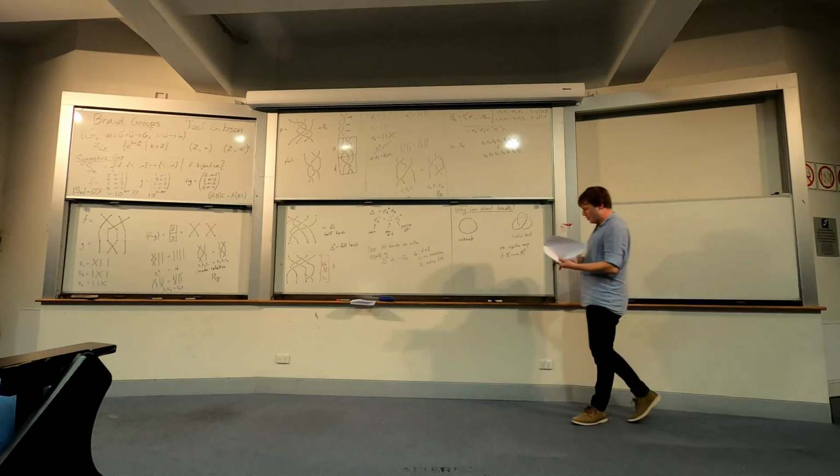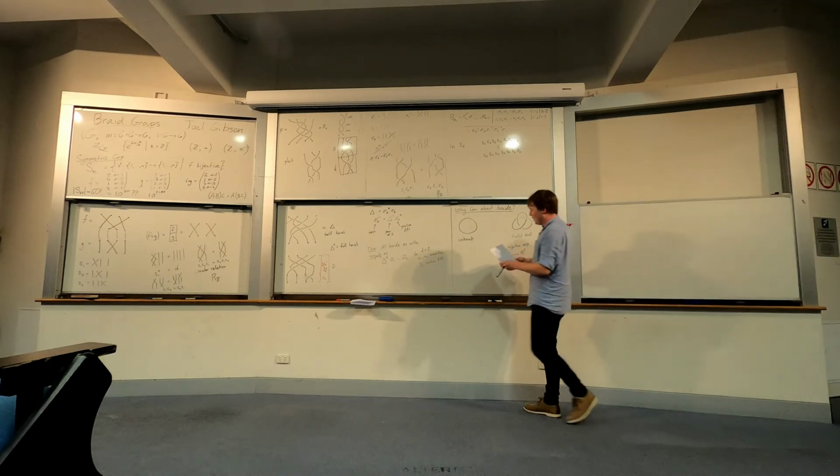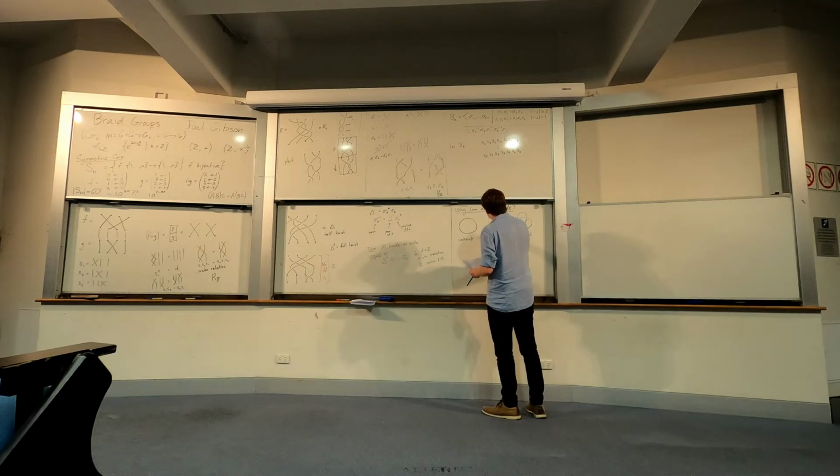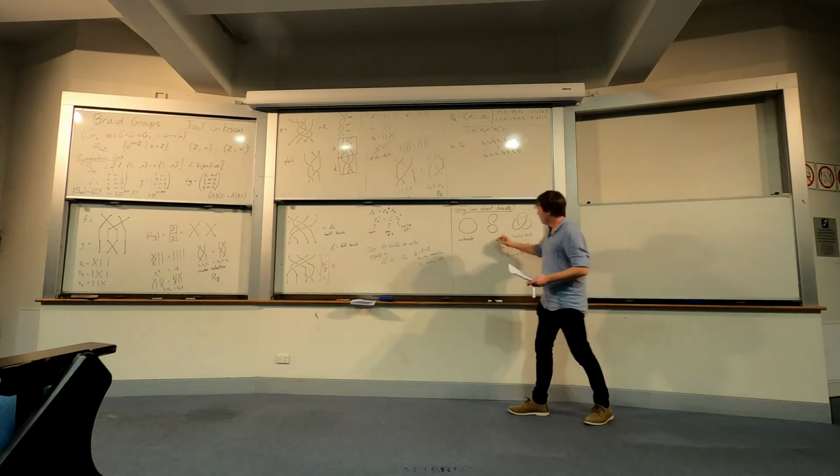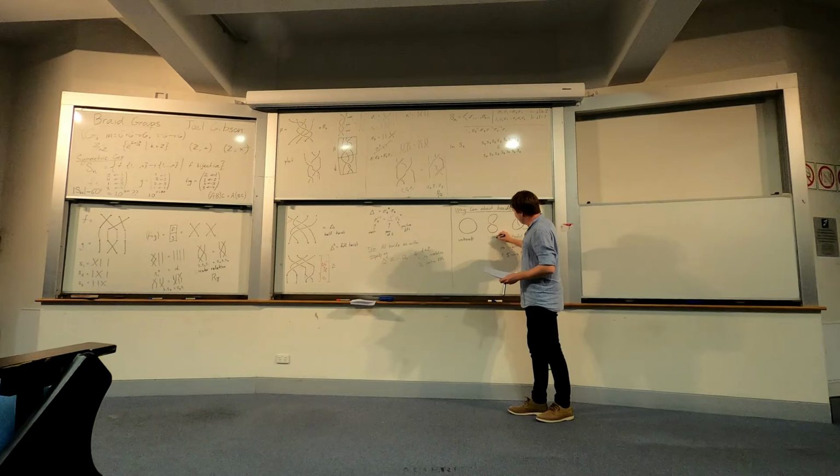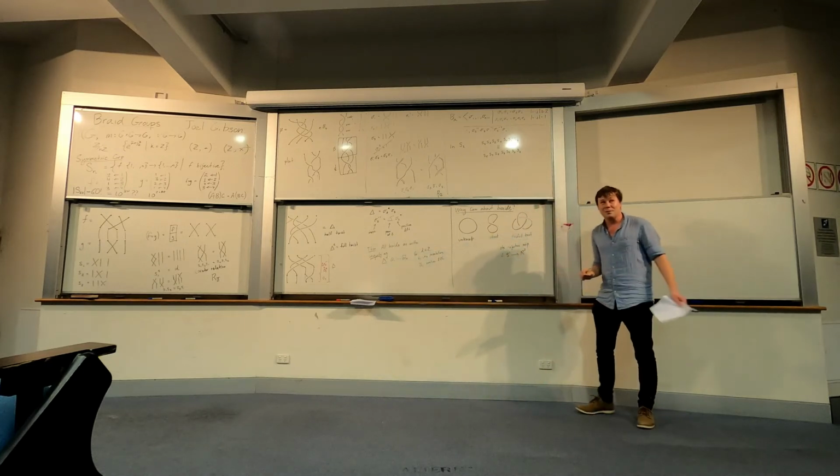There are these moves that you can use. I guess the hard part about knot theory is that you can draw a whole bunch of stuff that is complicated, but this is still the unknot.